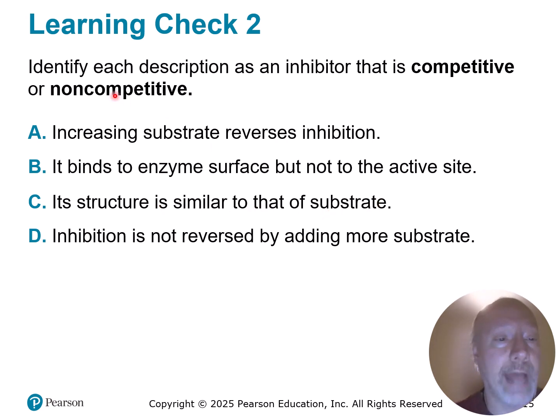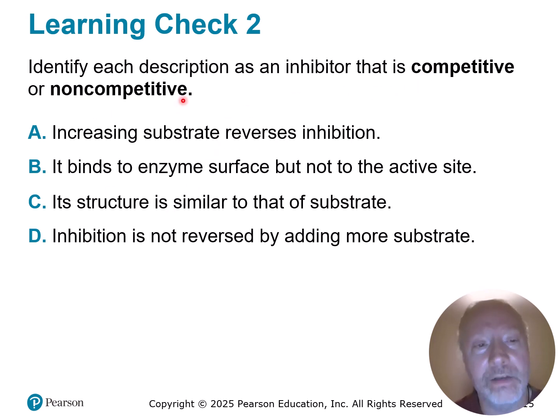Well, we learned for non-competitive, the inhibitor doesn't have to look like anything the substrate does, and it binds somewhere besides the active site. So if the structure has to look similar to that of the actual substrate of the enzyme, that's got to be competitive. Okay. Now, finally, D: Inhibition is not reversed by adding more substrate. Well, in competitive, we know we can add more substrate and overwhelm the inhibitor and therefore cause the enzyme to function again and make product.